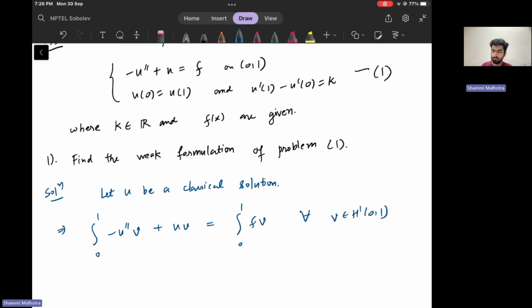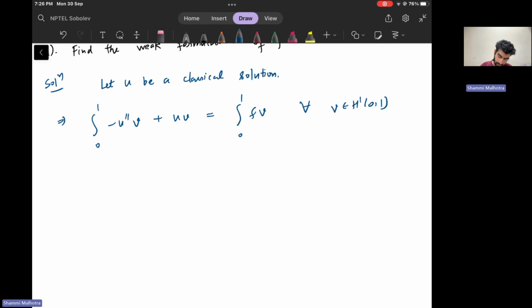So at least we need the H1 space to define u and u dash and to have both of them integrable. Next, we use integration by parts, which gives integral 0 to 1 of u dash v dash minus u dash v at 1 and at 0, plus integral of uv equals integral of fv.